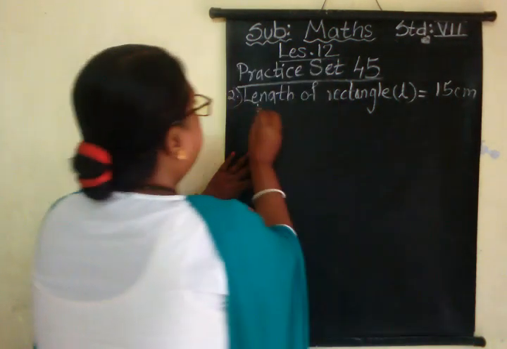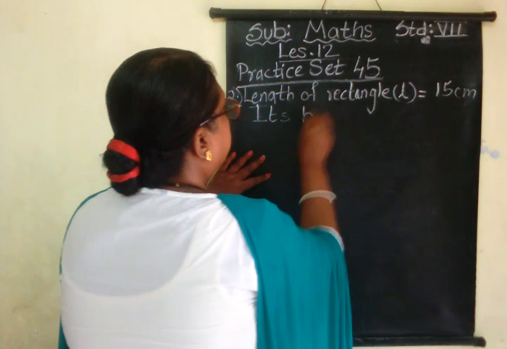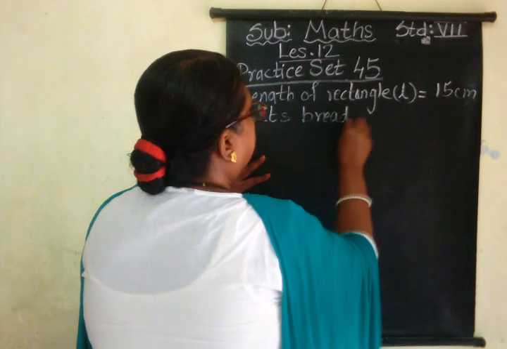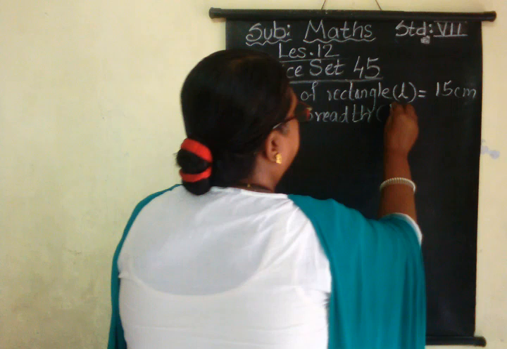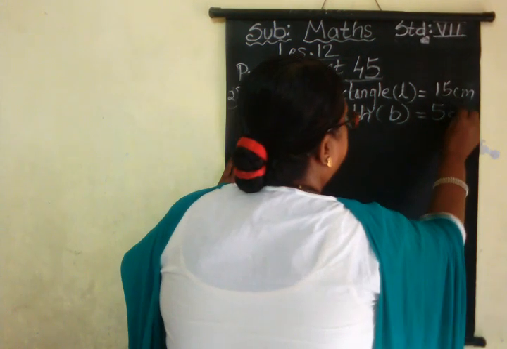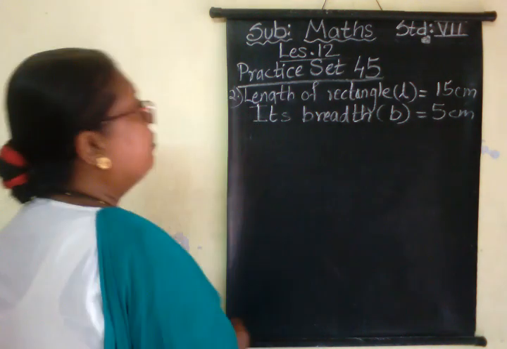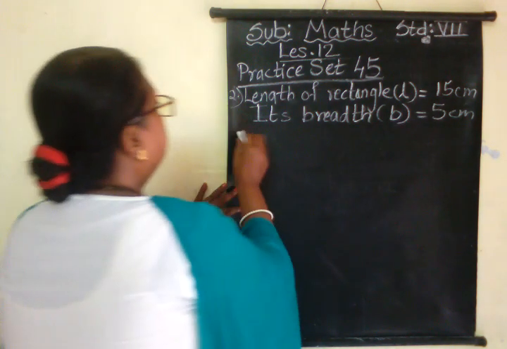Its breadth B, small b, is equal to 5 centimeter. I think it is 5 only. Yes. So now we will find the area.